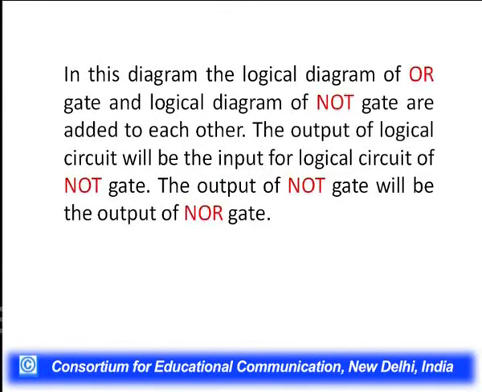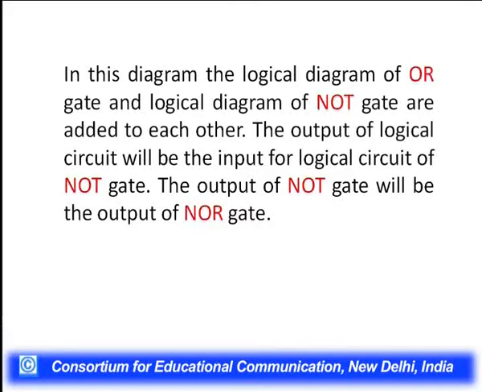In this diagram, the logical diagram of the OR gate and the logical diagram of the NOT gate are joined to each other. The output of the OR circuit will be the input for the logical circuit of the NOT gate.